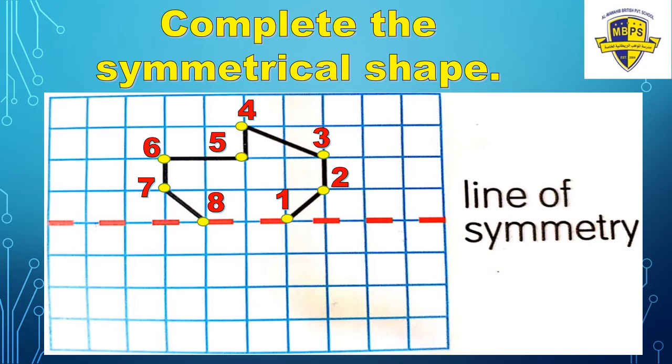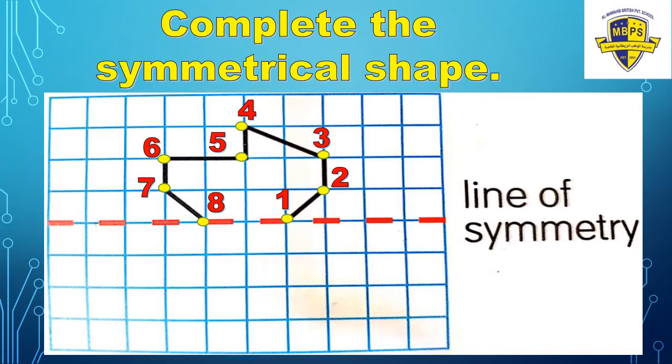So you can see that we have marked the corners here. Keep your finger and let's start counting. Very good. 1, 2, 3, 4, 5, 6, 7, 8. Excellent children. You can see that this shape has got 8 corners.